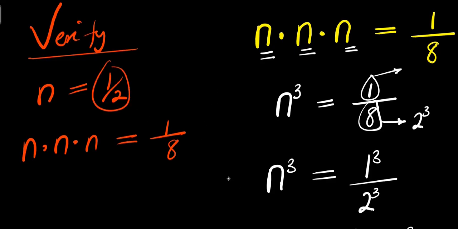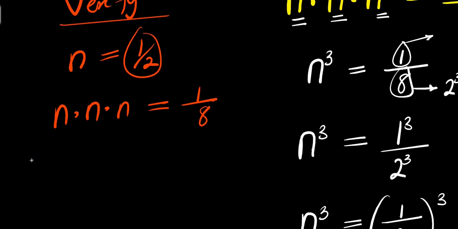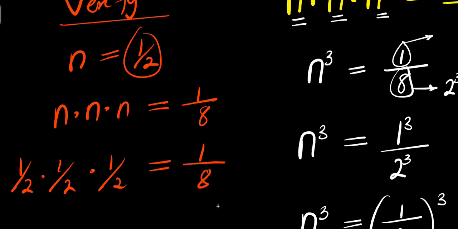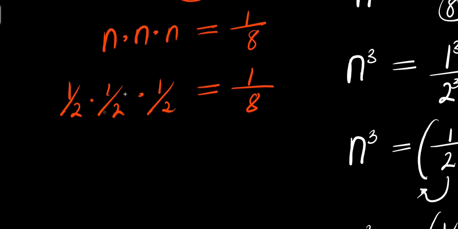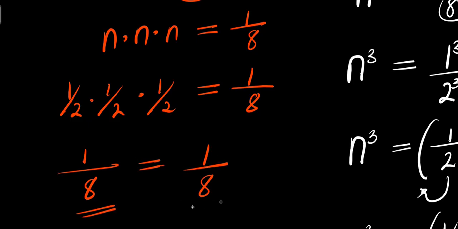Substitute this for n. You have 1 over 2 times 1 over 2 times 1 over 2 equals 1 over 8. So you multiply out 1 times 1 times 1, that is 1, divided by 2 times 2, 4, times 2, that is 8, equals 1 over 8. This and this are now the same.